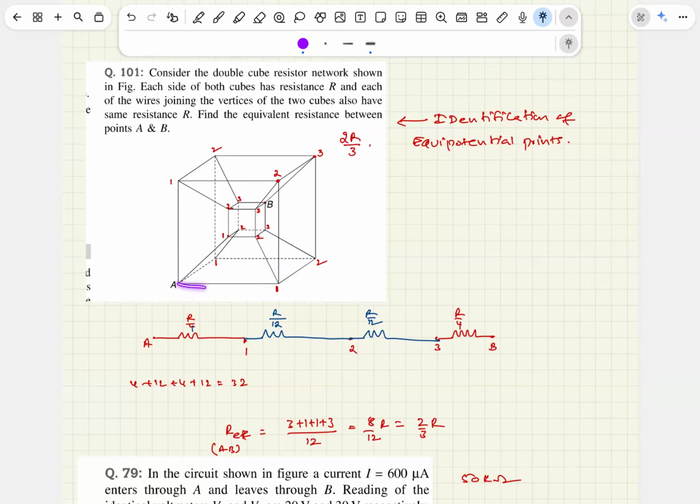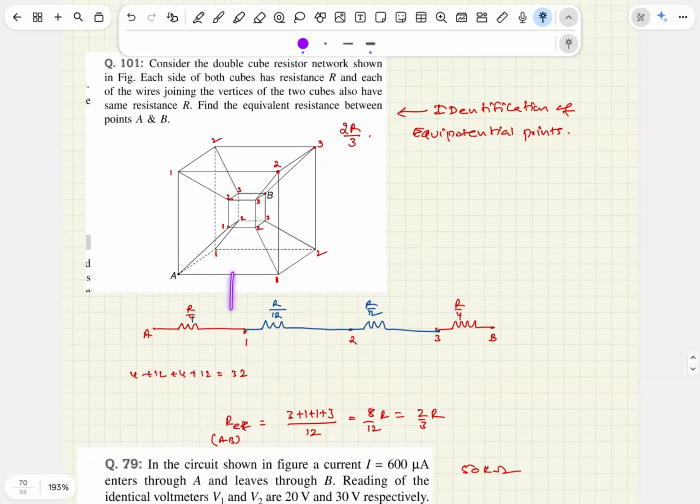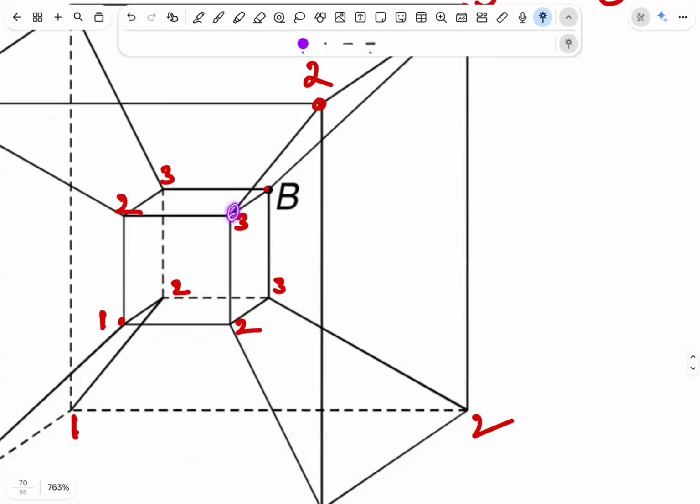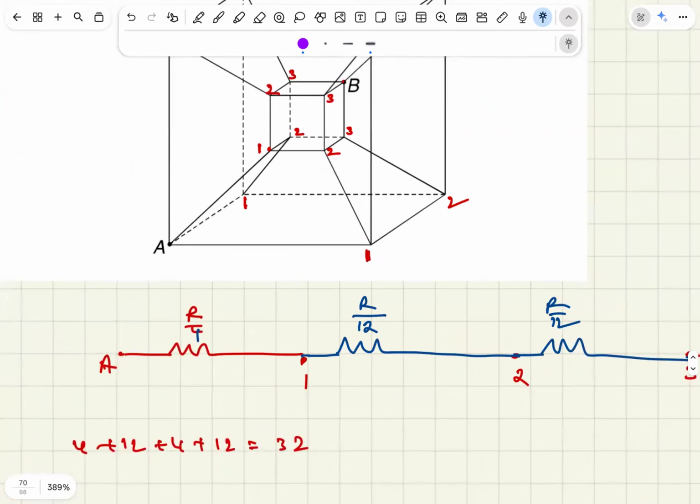Obviously correct. This one alike. Similarly from point B, because this resistance is same. Next, from B, this one same, plus this one same. That is the logic.